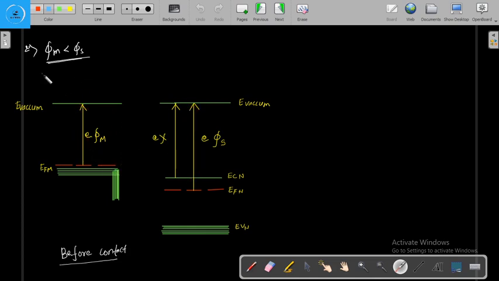So when the metal and the semiconductor come in contact with each other, it will be easy for the metal to release the electron as compared to the semiconductor.